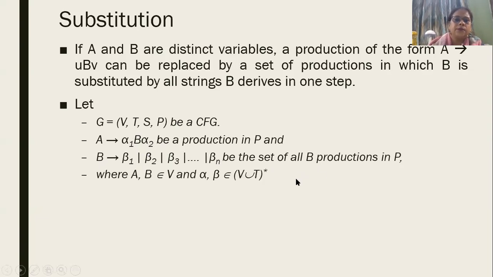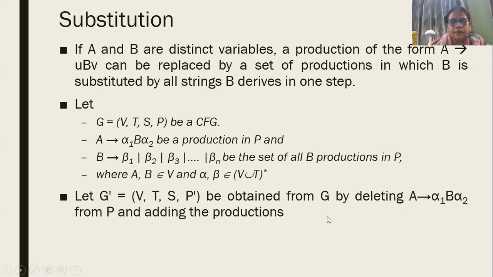in this manner, so that now your production would become A derives alpha 1 beta 1 alpha 2, alpha 1 beta 2 alpha 2, and so on. So we will obtain another grammar, G dash, with V, T, S remaining the same, but the set of productions changes.